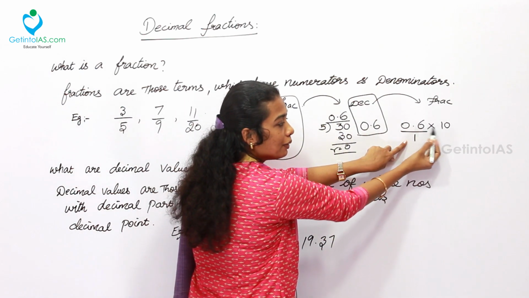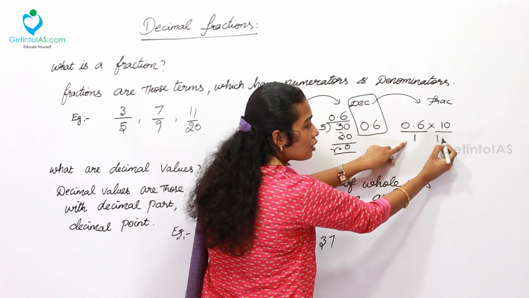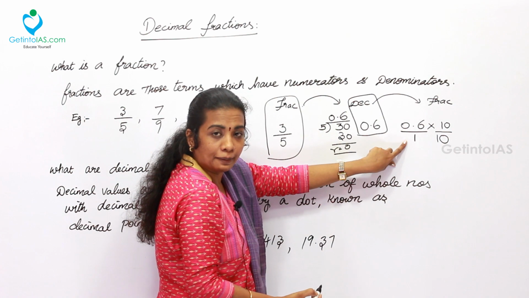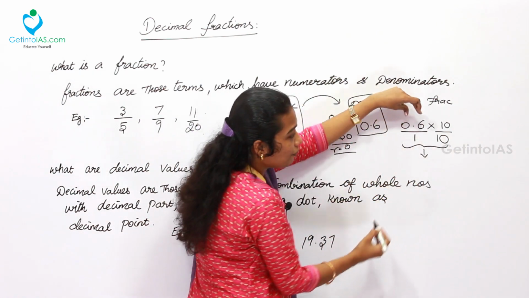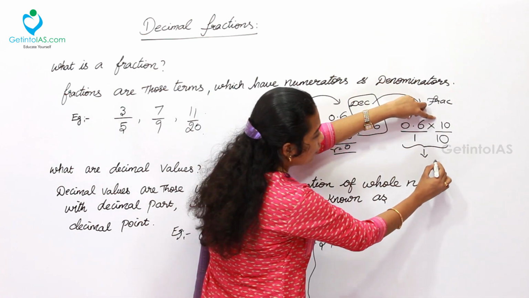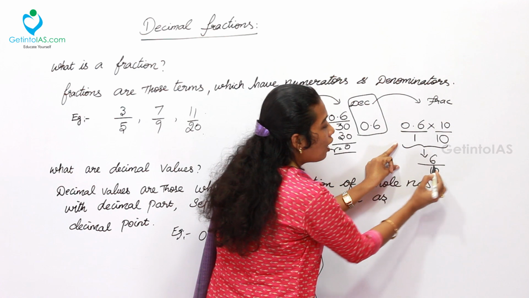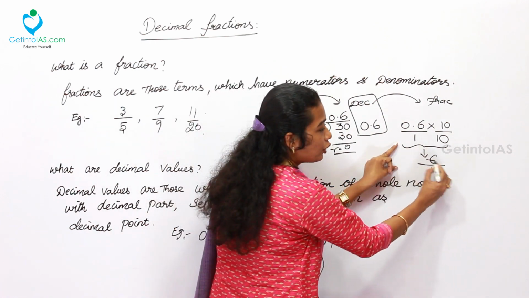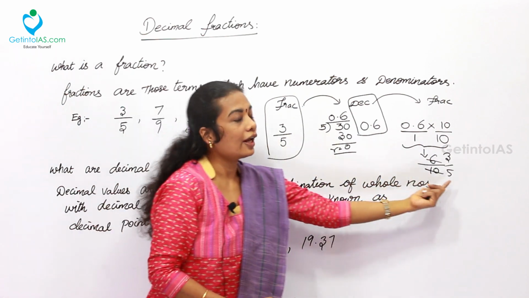So 0.6 divided by 1. Whenever I multiply the numerator 0.6 by 10, the denominator is also multiplied by the same number. So 0.6 into 10 becomes 6, and 1 into 10 becomes 10. Further simplifying by dividing by 2, it is 3 over 5. Thus, we got 3 by 5 again.